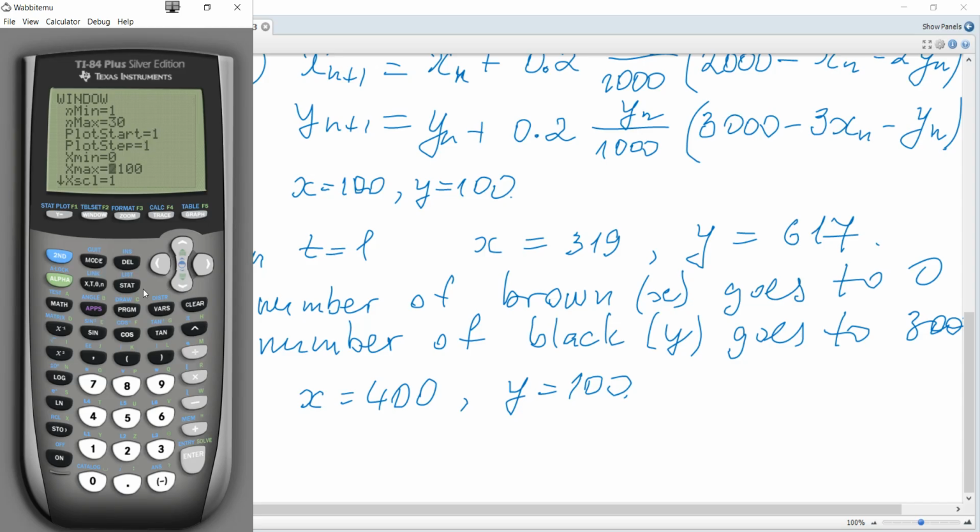We just need to change the initial values: 400 for x, 100 for y, and the same. You may just consider a table, but using just a graph you can see that it looks like this, and you may deduce that it tends to this equilibrium point, which is 2000 and 0.